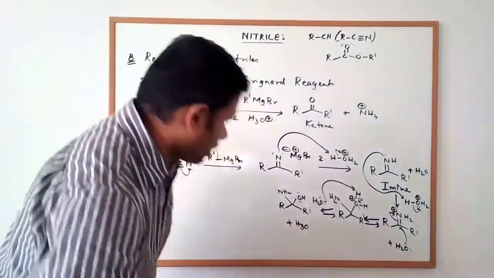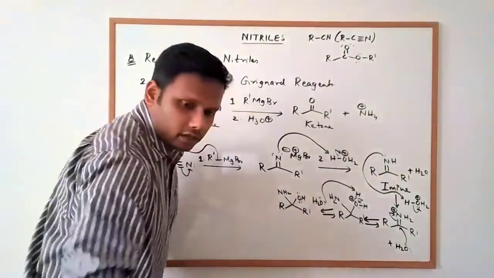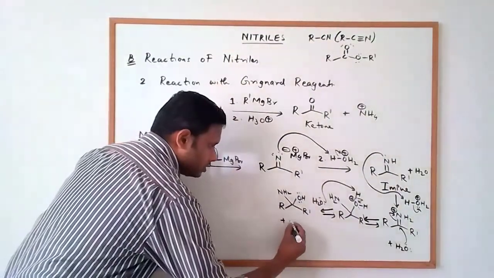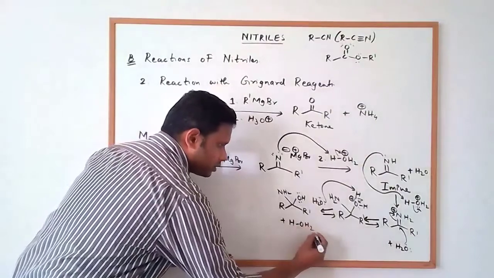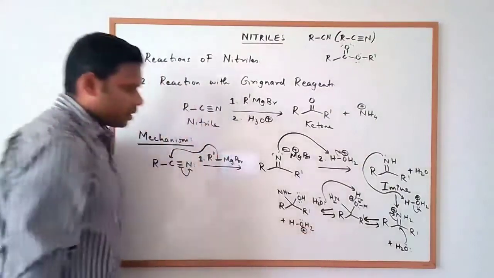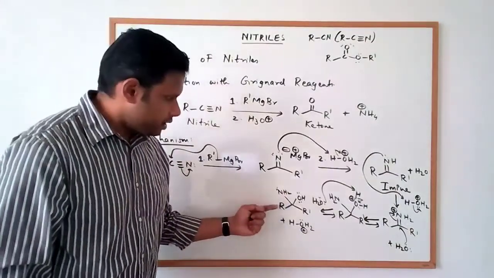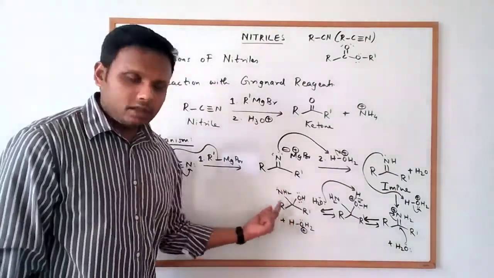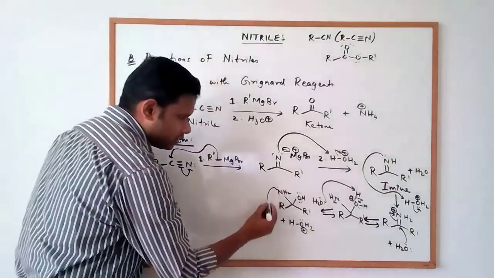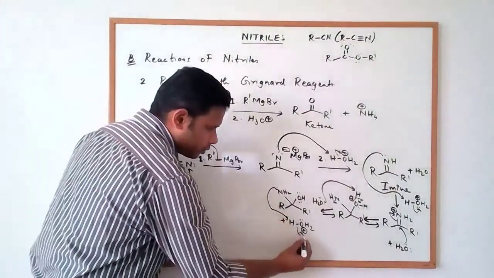And I'm going to write out that hydronium ion because we're going to use it in the next step of the mechanism here. So we get the hydronium ion. And from this intermediate here, either the hydroxyl or the amine can get protonated. The amine is more basic, more likely to get protonated.